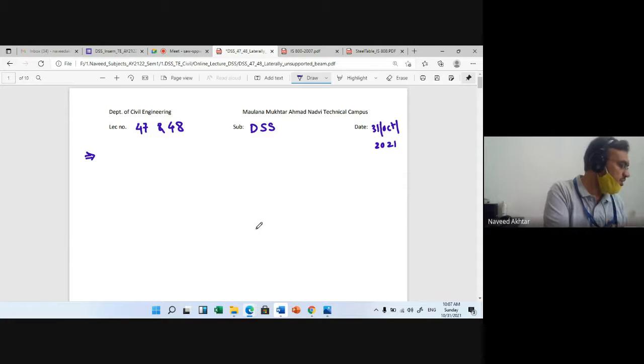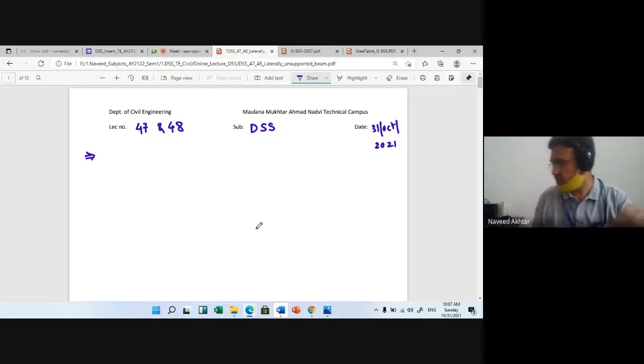That type of beam is called a laterally unsupported beam. Lateral support means if there is lateral support to the beam, that beam is called a laterally supported beam. So we have seen earlier also.